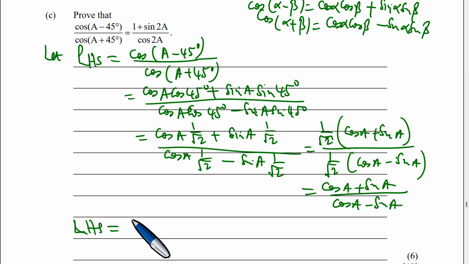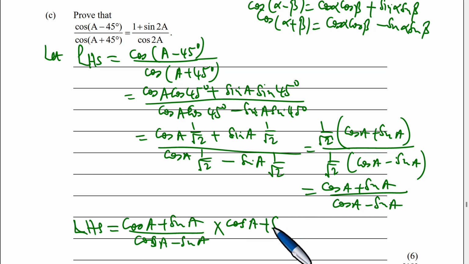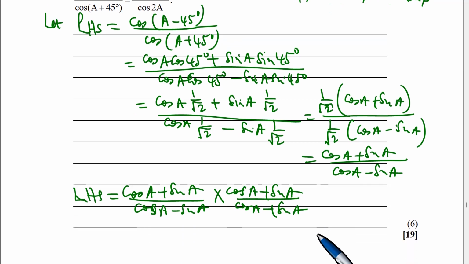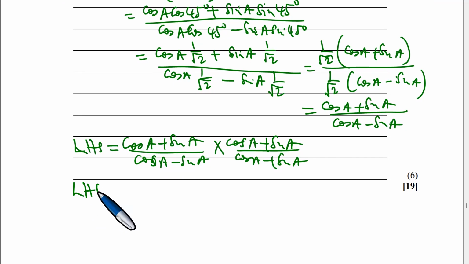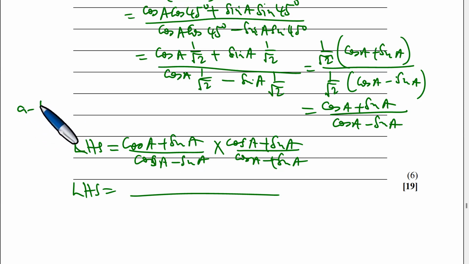So as you get to that point, effectively, the left-hand side is cosine of A plus sine A divided by cosine of A minus sine A, multiplied by the conjugate, cosine A plus sine A over cosine A plus sine A. And so if you multiply, the bottom is a difference of 2 squares, because A squared minus B squared is always A minus B into A plus B from grade 10.